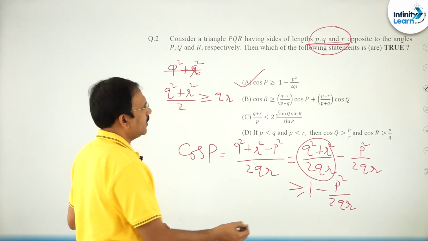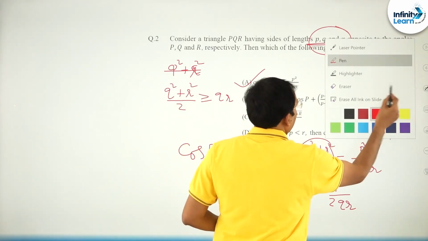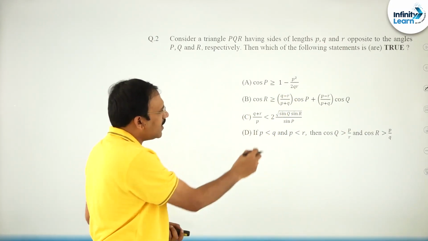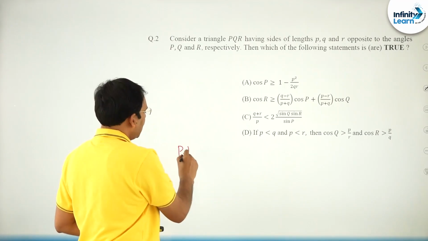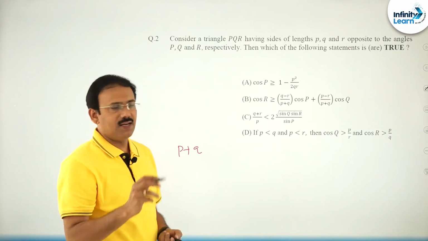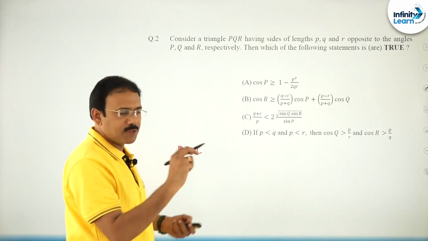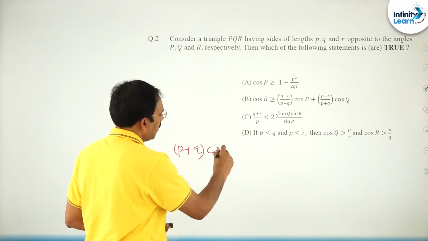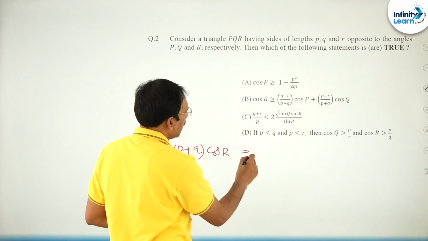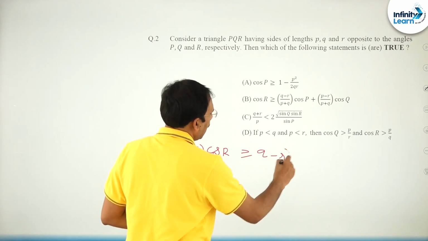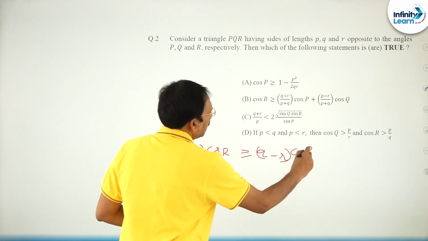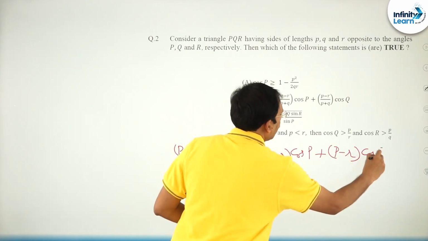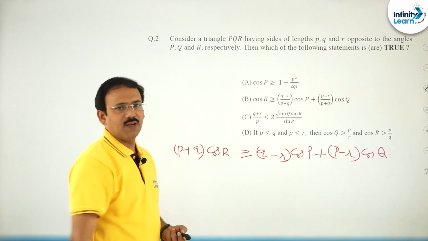Let us go to B. For option B, suppose B is valid, we proceed from the option to the proof. So (P plus Q) into cos R is greater than or equal to (Q minus R) into cos P plus (P minus R) into cos Q. If option B is correct, this must be correct.